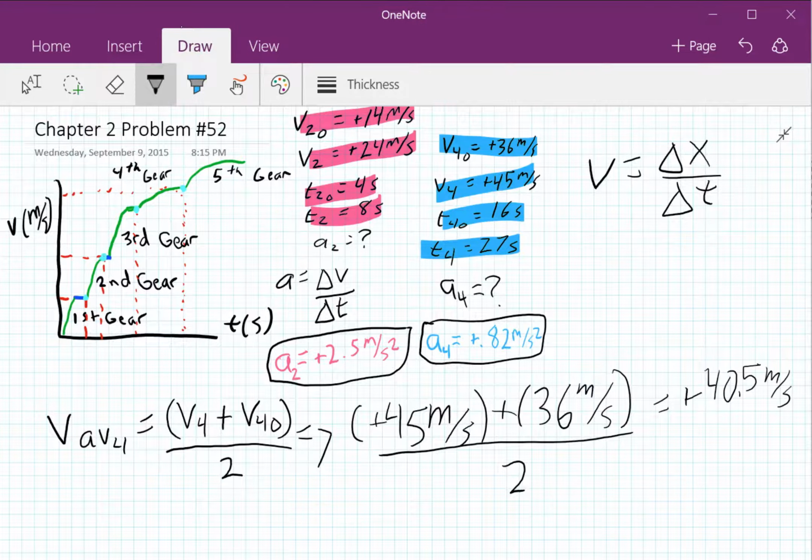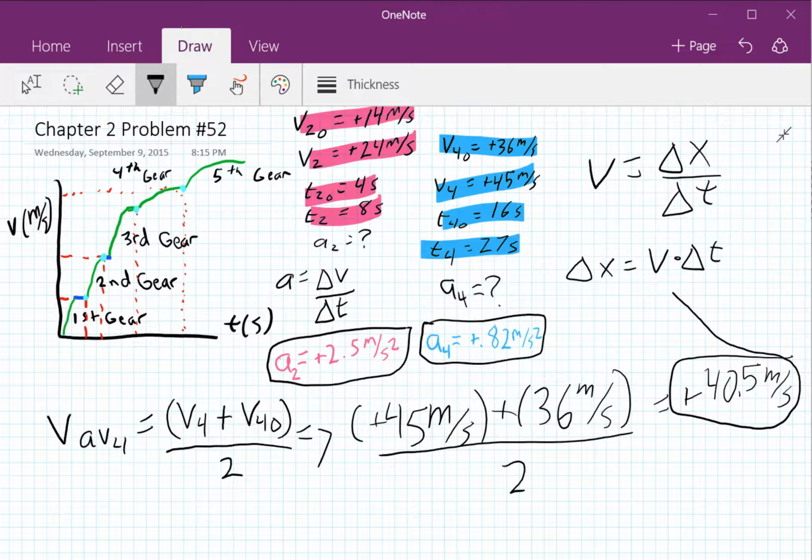So basically we're going to multiply the time over to the left, so you're going to have delta x equals v times delta t. So using this as your v, you plug that in here, and t is just your change that you had already from T4 initial and T4 final.